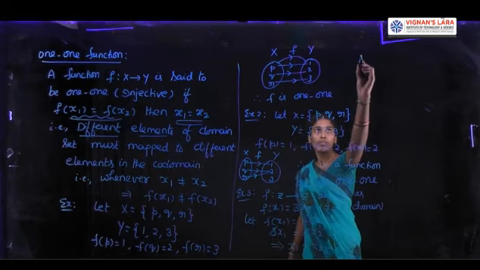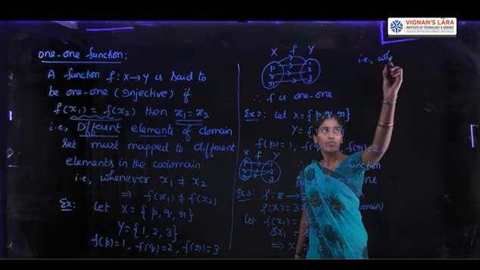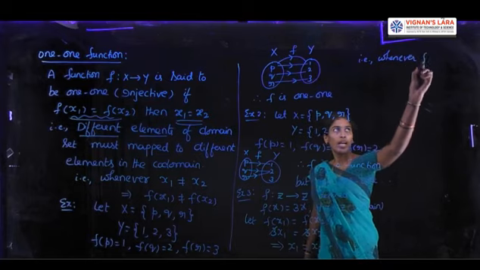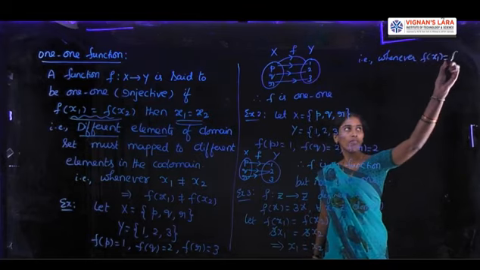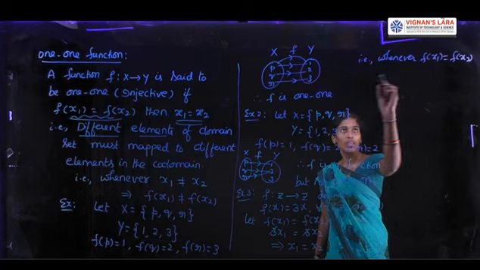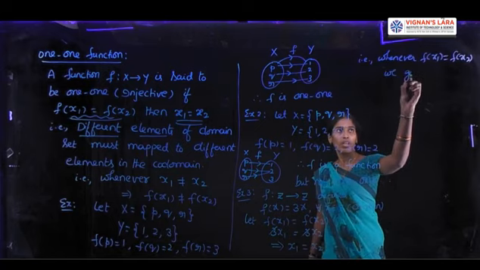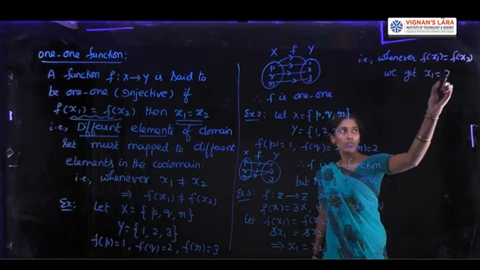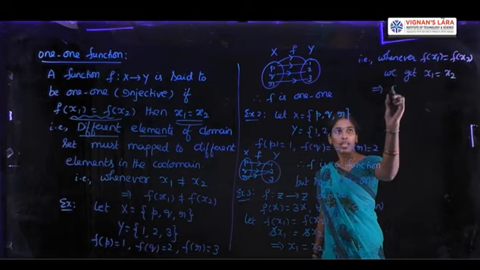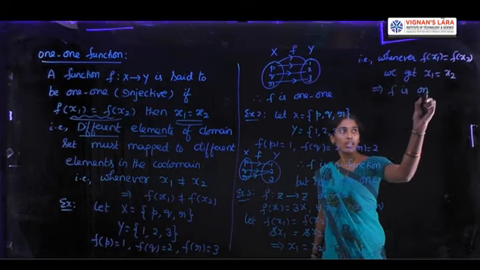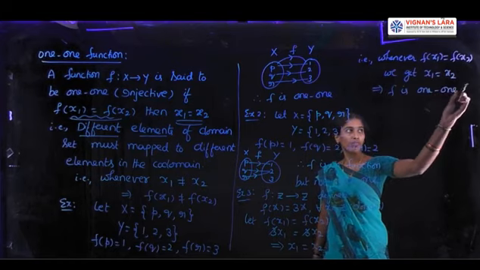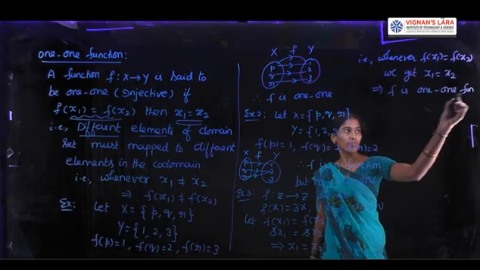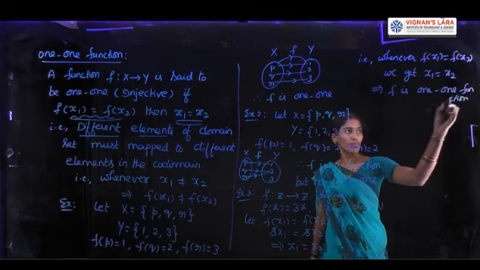That is, whenever f(x1) = f(x2), we get x1 = x2, which implies f is a 1-1 function, right?